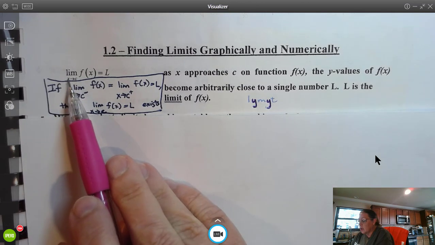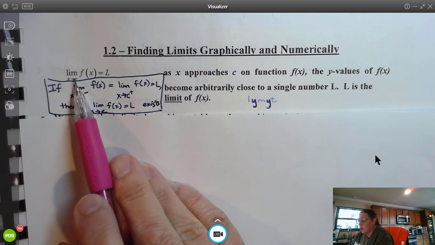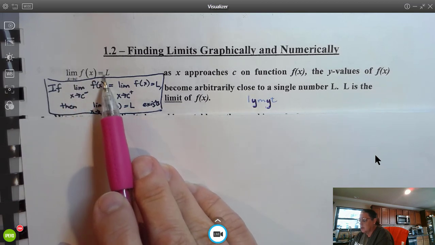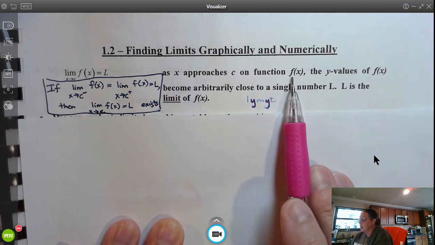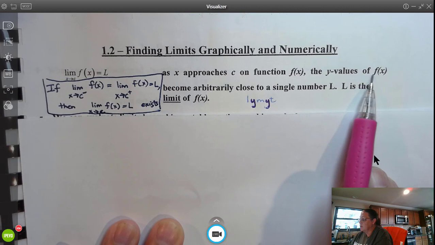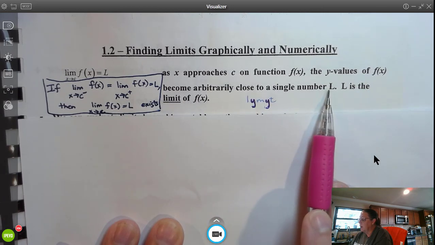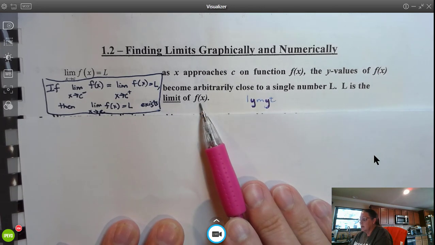Notice the notation, lim as x goes to c, that's smaller and below that, of a function of x is L. As x approaches c on function f of x, the y values of f of x become arbitrarily close to a single number L.